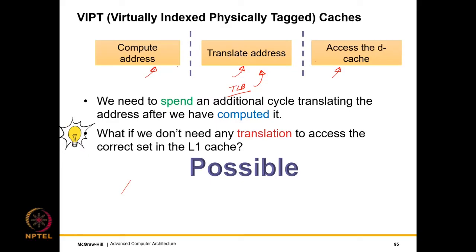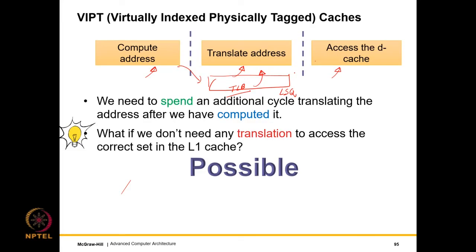But of course, to improve performance, after computing the address, we also access the load store queue, so that phase can be overlapped with this phase, subject to the fact that we store virtual addresses in the load store queue. But storing virtual addresses in a load store queue is tricky.